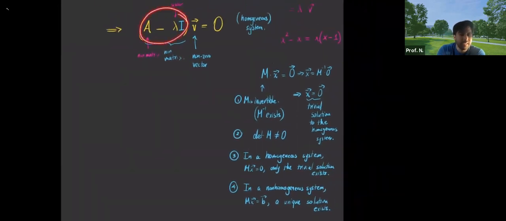I'm saying that a matrix times a non-zero vector is 0. If this matrix that I have here inside the parentheses were to be invertible, for this homogeneous system, V would have to be 0 only. But I'm saying that this vector is non-zero. So what's the implication to this matrix?